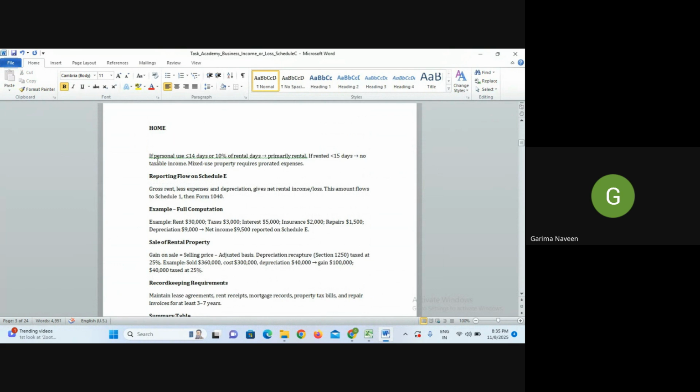But if you are using it for personal as well as rental purposes, then you need to prorate your expenses. Personal use expenses you can't deduct in your form 1040, but for rental purposes, you need to prorate and deduct from your rental income. But if you are giving your property for rent less than 15 days, then it will not be included in your form 1040. That means it will not be taxable income for you. Clear?